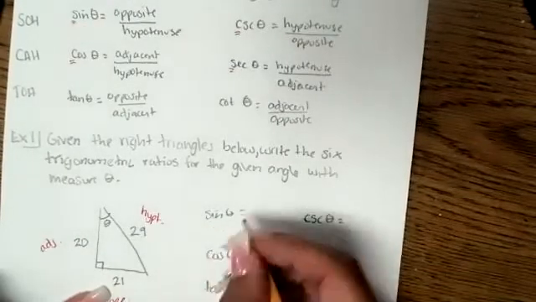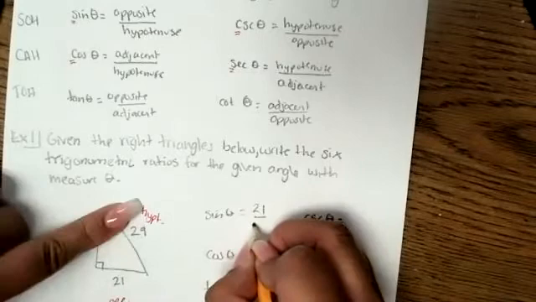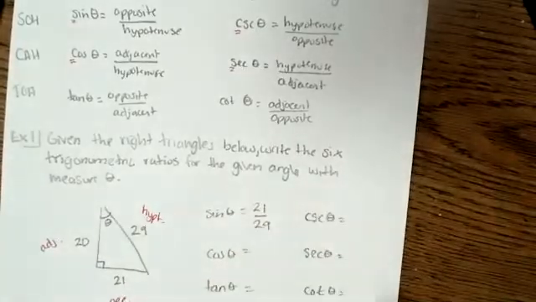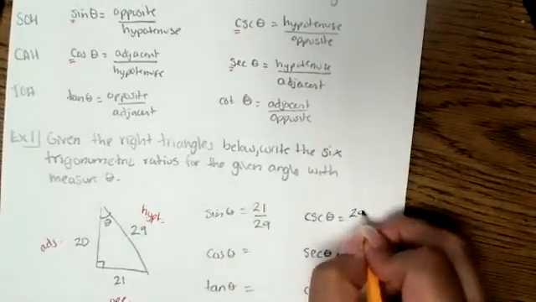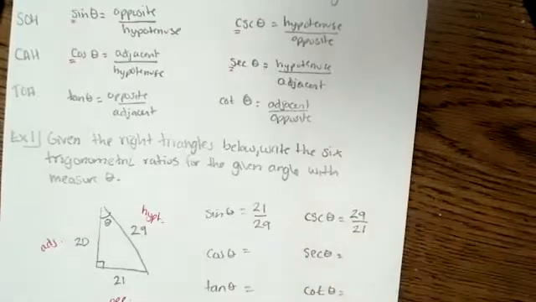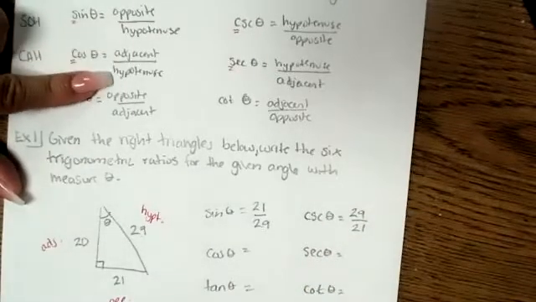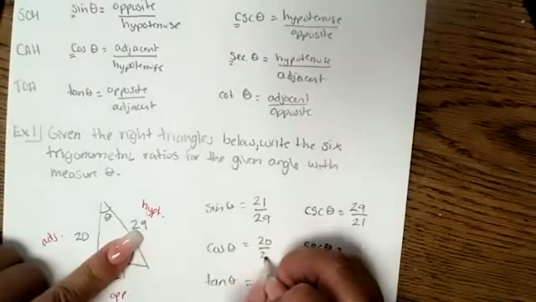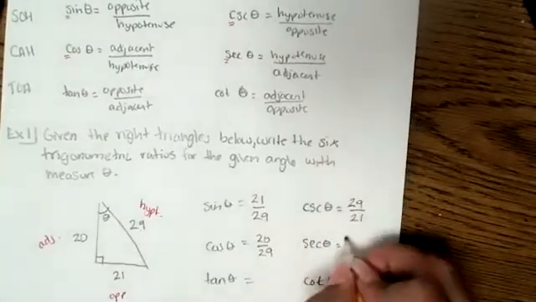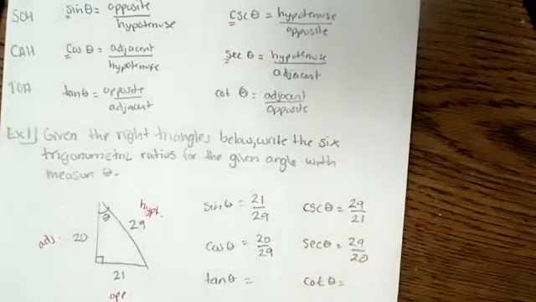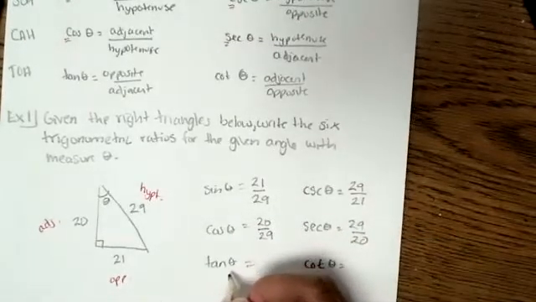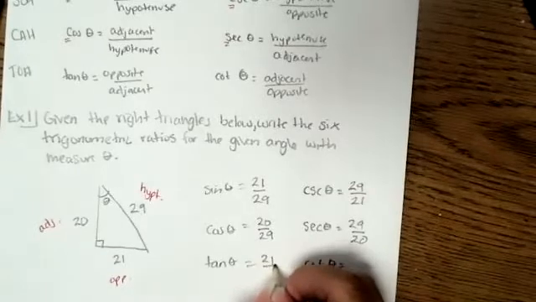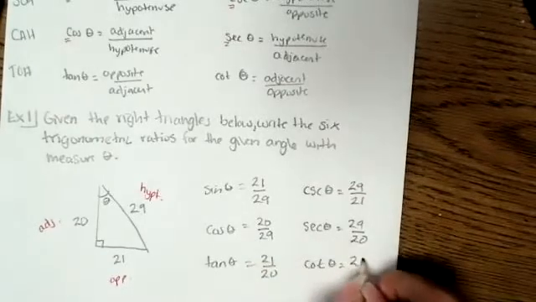The opposite number is 21 over the hypotenuse, 29. Cosecant is just a reciprocal, so that's 29 over 21. The cosine is adjacent over hypotenuse. Here's the reciprocal. And the tangent is the opposite over the adjacent.